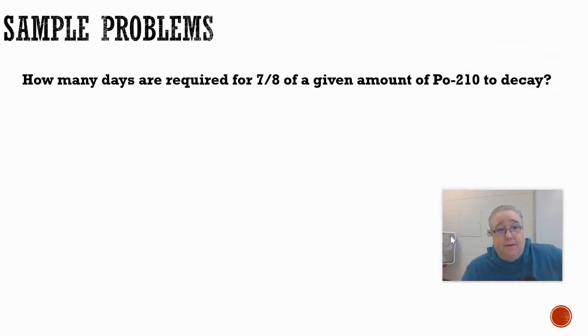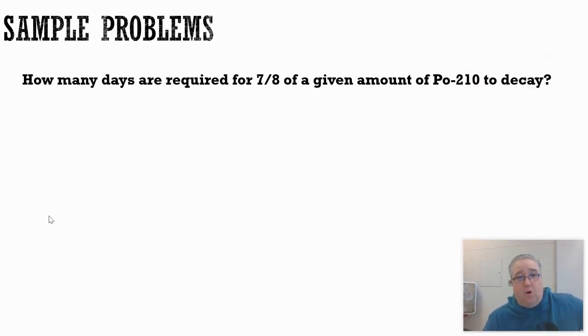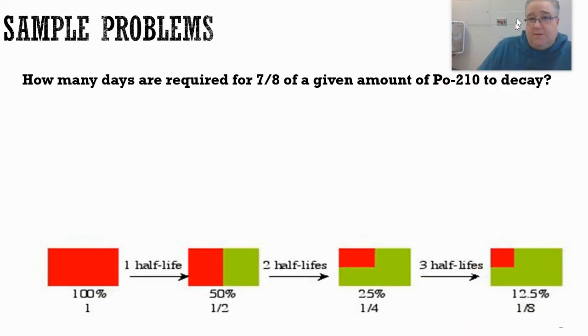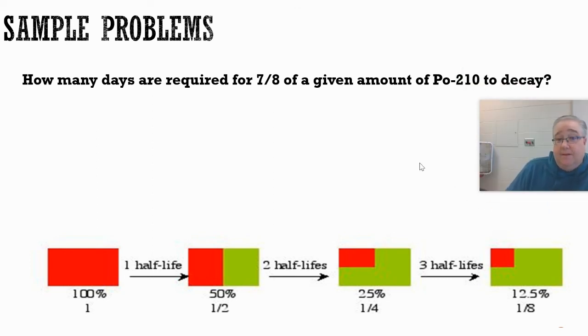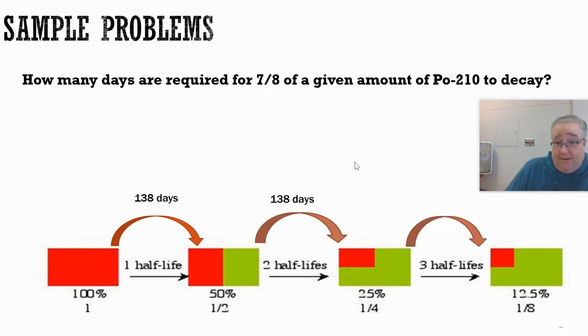All right, next question. How many days are required for 7/8 of a given amount of polonium-210 to decay? Let's think about this for a minute. 7/8 of it is going to decay. Another way to say that is that 1/8 of it is going to remain. So if 1/8 of it remains, that means 3 half-lives will have gone by.